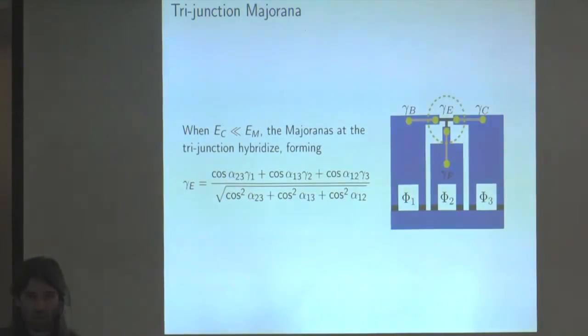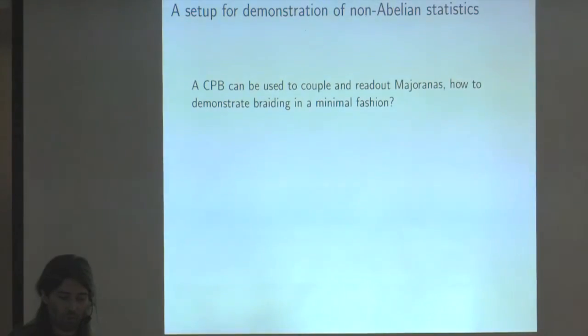So now we have all the building blocks, and we can combine them together and try to see how to make something more useful. For example, this now becomes a relatively straightforward combinatorics exercise because all the building blocks are in place. So one obvious question: how can we demonstrate the braiding using such couplings?